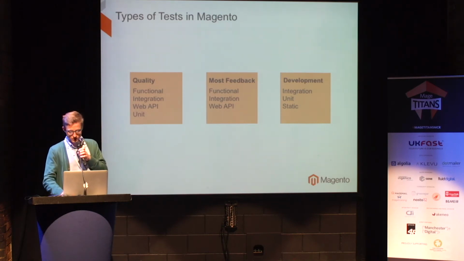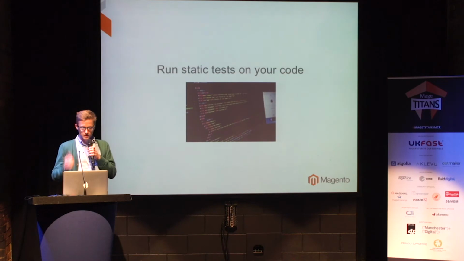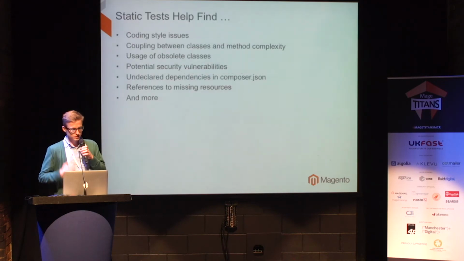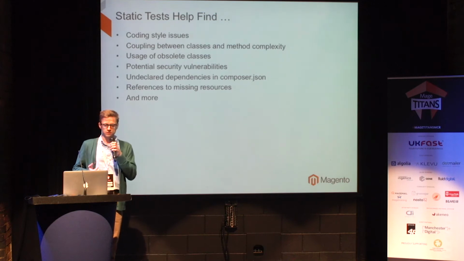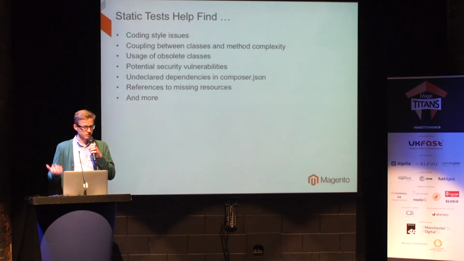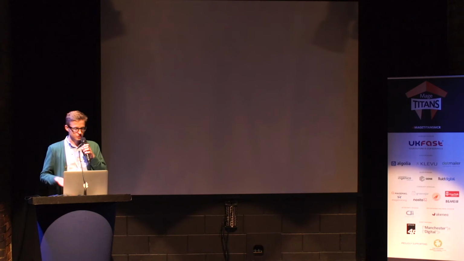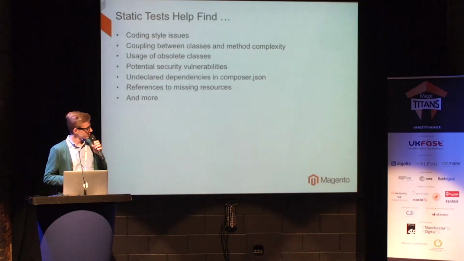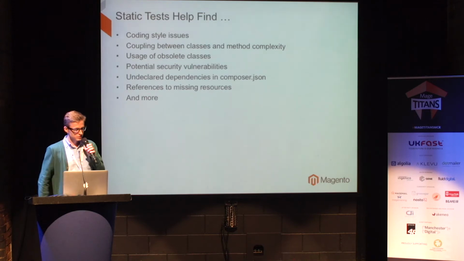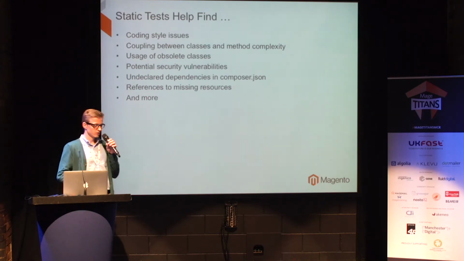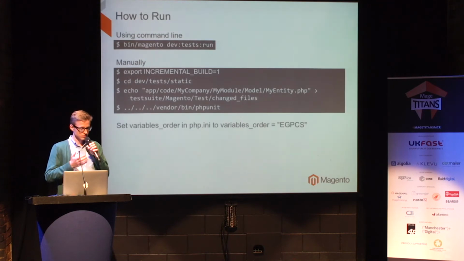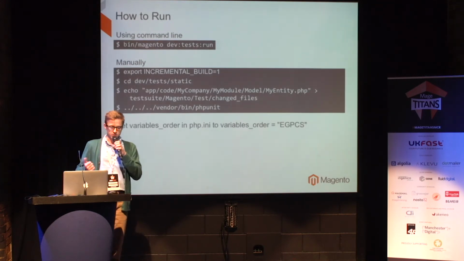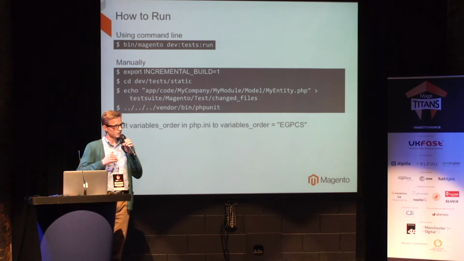I will talk about that on the next slide. So run static tests on your code. Static tests can help you find problems with code style, big coupling between classes, usage of obsolete classes, potential security vulnerabilities, undeclared dependencies in composer.json, and other things. They are already written. You can use a command to run them. This command will run tests on all of the code base.